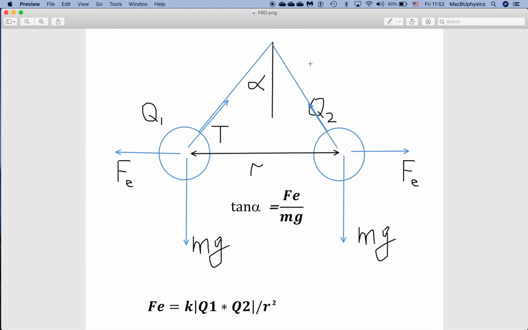Everyone should have used the free-body diagram, PY211 material, mechanics, because mechanics tells us how the angle is related to the magnitude of the force of gravity and the magnitude of Coulomb's force acting on the balloon. And this equation for the tension does not depend directly on the charge, just force number one, force number two. We need to make an assumption that the balloons have the same mass, or there would be no symmetry.